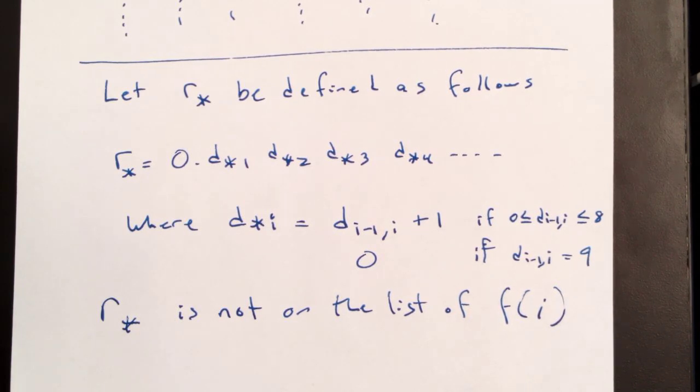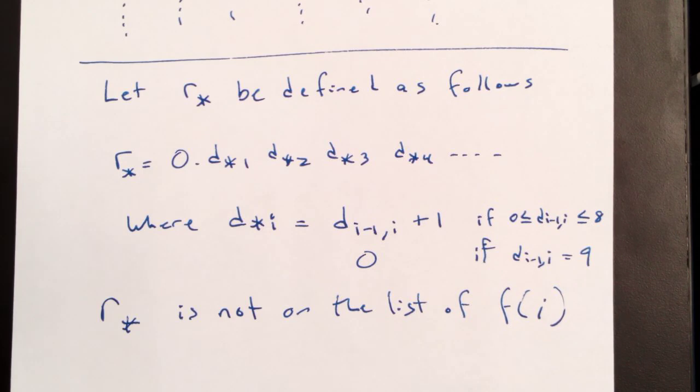What does that mean about my function, my function f? I have a real number that's not in the output. It's not onto. We made a function that we said was a bijection, because we said this set was countable.